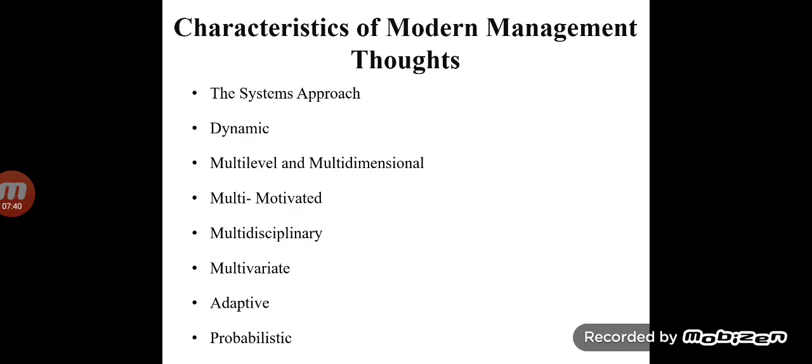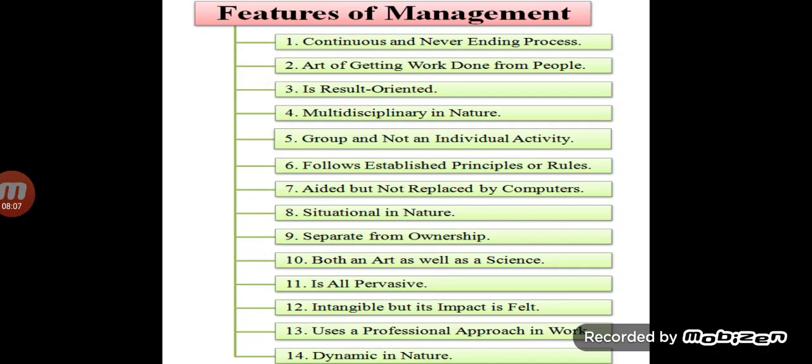They also accept changes in the organization, changes in the system, changes in the activities. So it is dynamic thought, the dynamic way. Same thing which we have learned in the features of management.